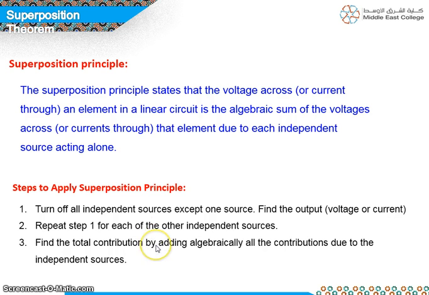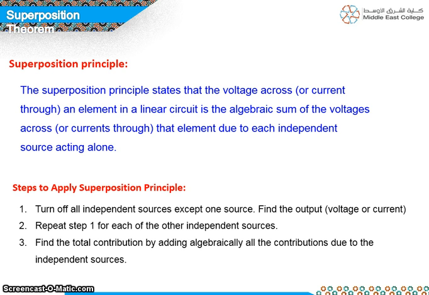Then the total voltage or current in that element will be the sum of all the individual outputs due to the independent sources. Maybe you think that the statement is a little bit difficult to understand, so let us see how to apply it on a circuit, where you get a clear idea of how to apply the superposition theorem.